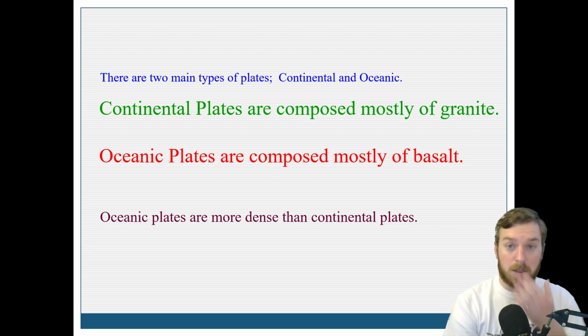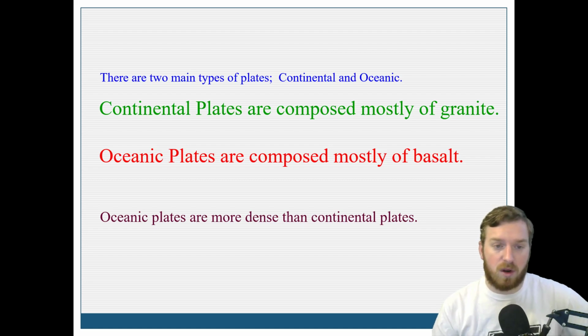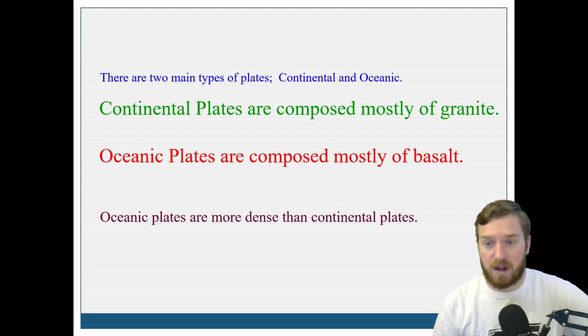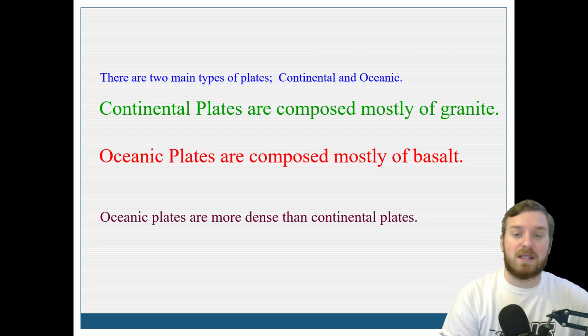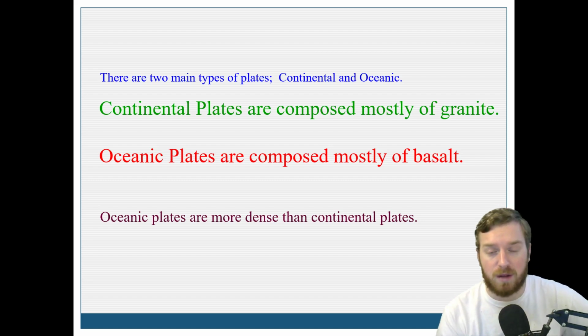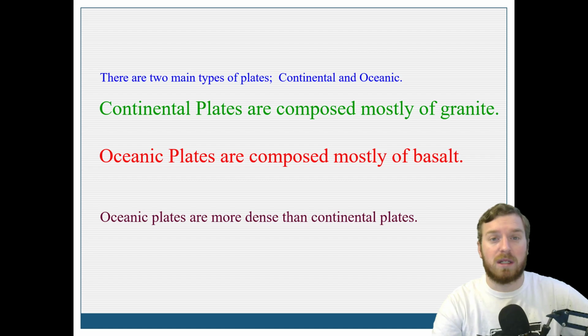Oceanic plates are the ones that the oceans are on. The oceanic plates are made of basalt and are more dense than continental plates, which are made of granite. Now, we've already talked about what they were made of in our first unit, so this is almost a little reminder. But the thing that you have to remember is that oceanic plates are more dense.